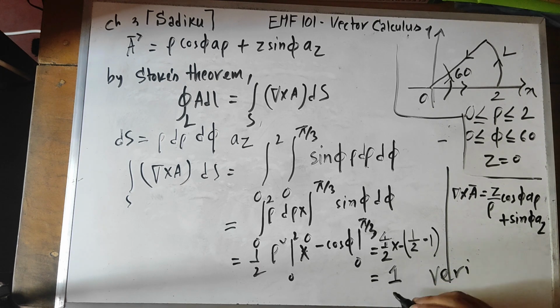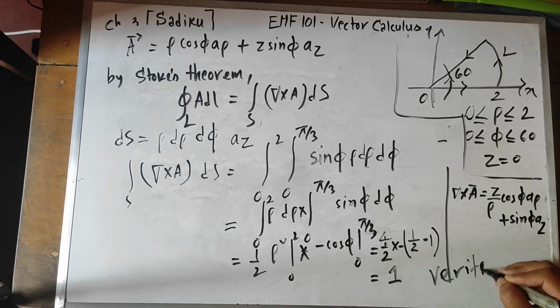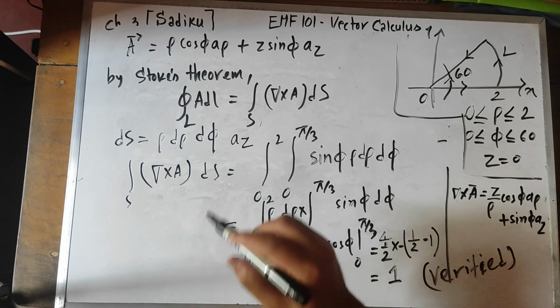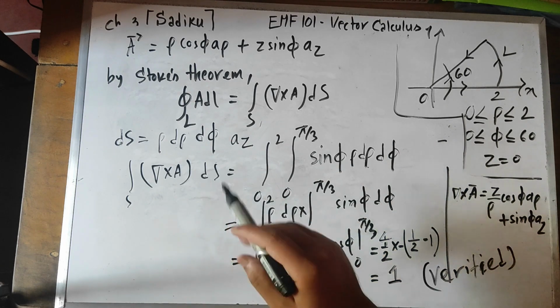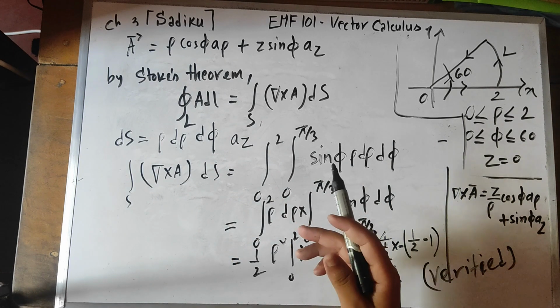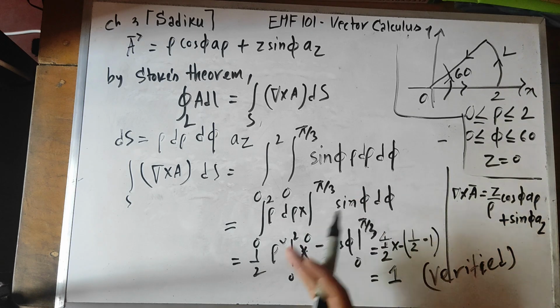This is equal to the line integral we previously found, so this is verified. We have verified by Stokes' theorem that the line integral of a vector along a closed path is the same as the surface integral of the curl of that vector.